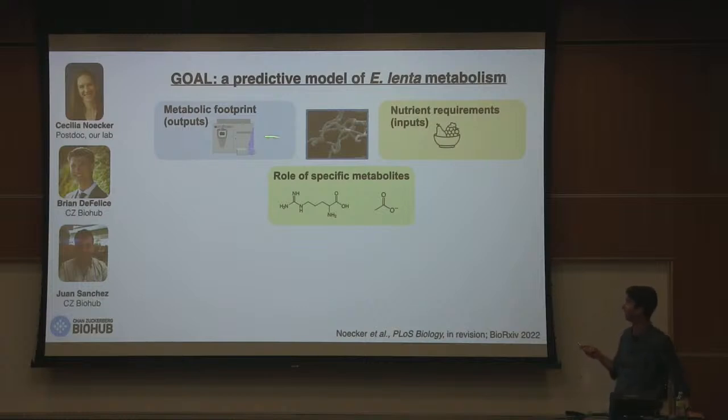They gave Cecilia free rein over doing all sorts of large experiments on their mass specs. Cecilia really wanted to be able to better predict what conditions would allow Elenta to grow and understand what its impact on the metabolome of the gut might be.